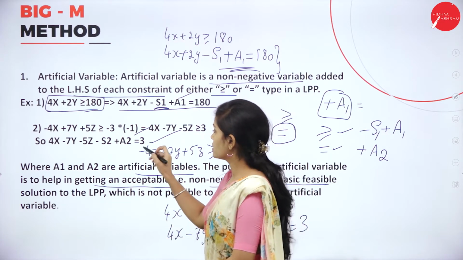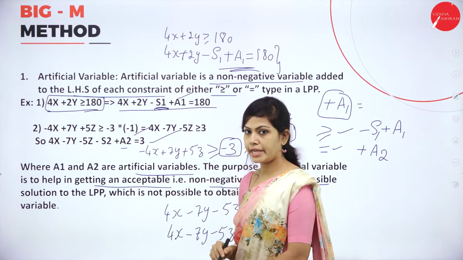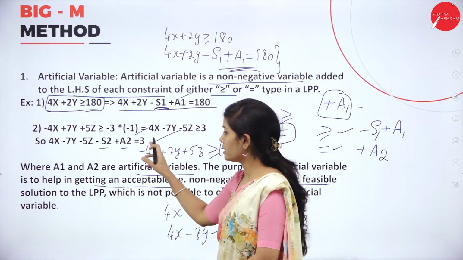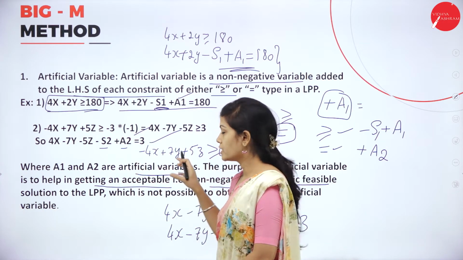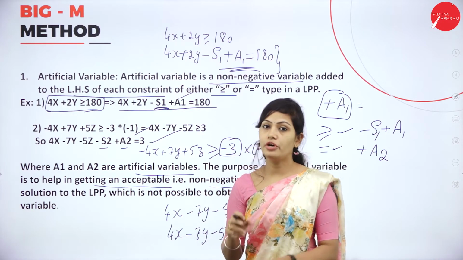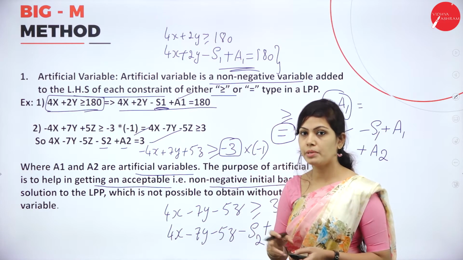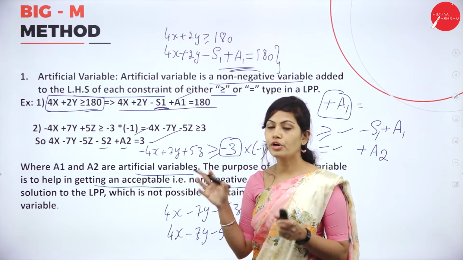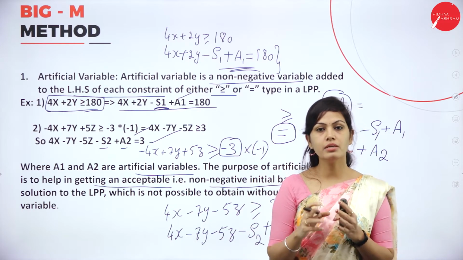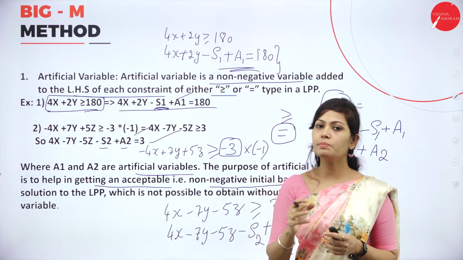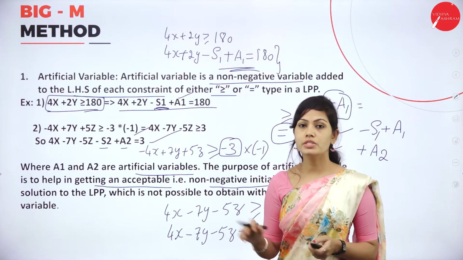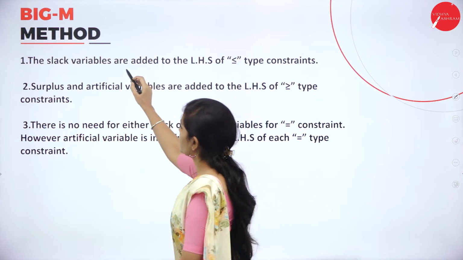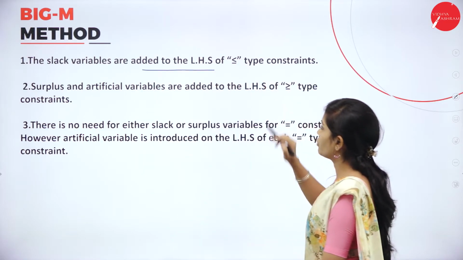If you add the artificial variables a1 and a2 along with the surplus variables, it will give the initial basic feasible solution. This is a 2 marks question: what is the purpose of an artificial variable? So this is about your basic things in the BCA method. First step: slack variables are added to the LHS of less than or equal to type constraints.